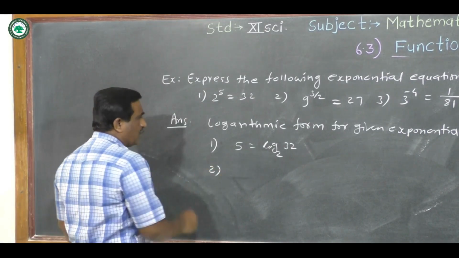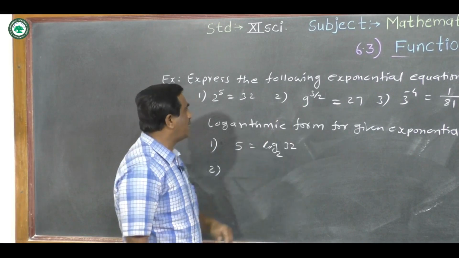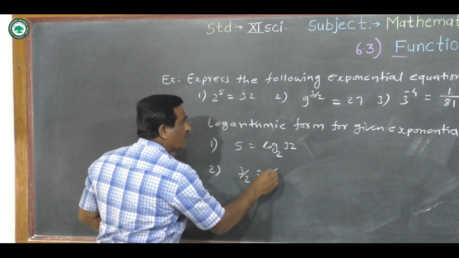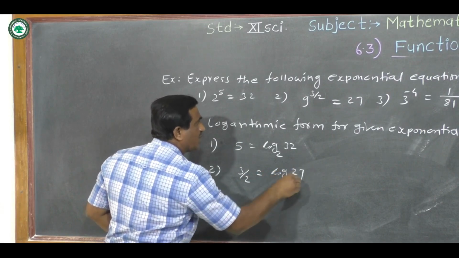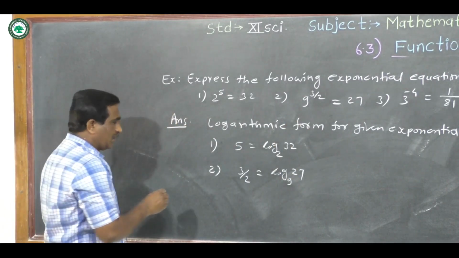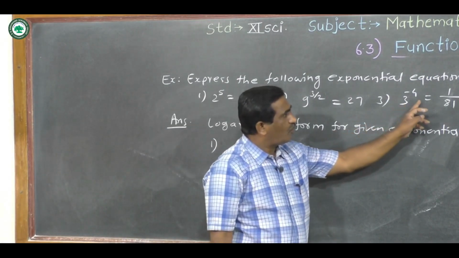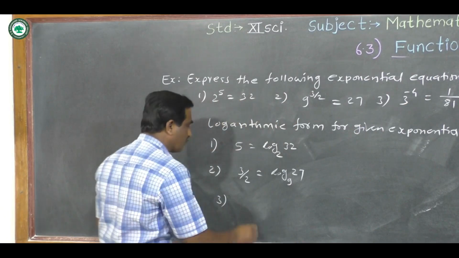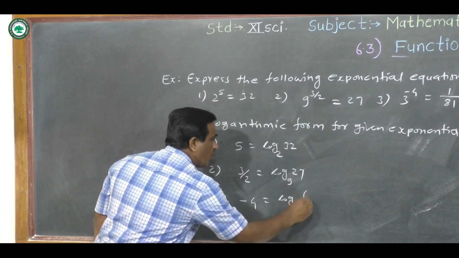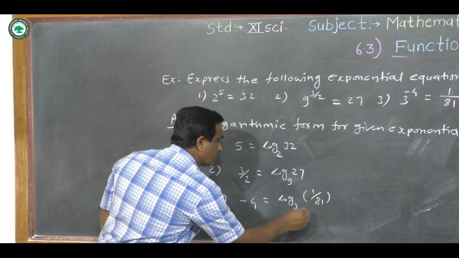Again, the logarithmic form for the second exponential form, we can write 3 by 2 is equal to log of 27 to the base 9. Okay. Now the third one. The logarithmic form for this equation is minus 4 is equal to log of 1 upon 81 to the base 3.